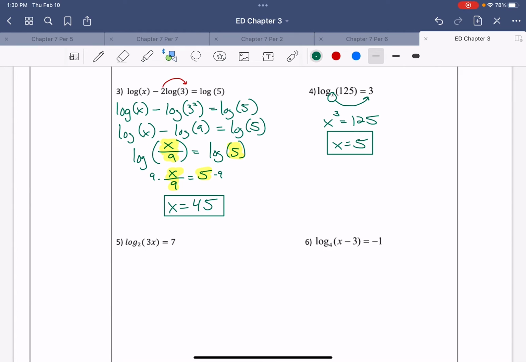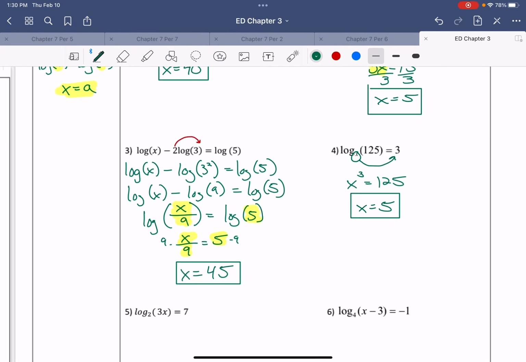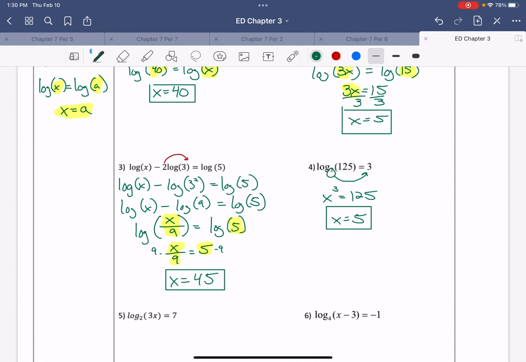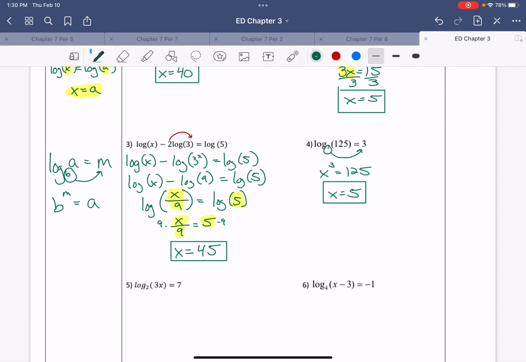Same idea on number 5. See if you can get started on number 5. So it's a log. Let's write this on the side as one of our rules. If you have log base b of a equals m, you can always rewrite it to be b to the m power equals a, and that might help you.